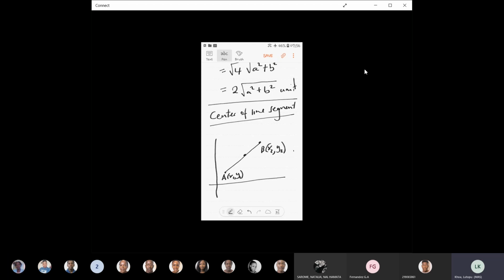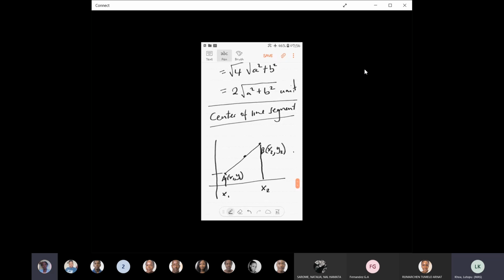The x coordinate over here is x1, the x coordinate over there is x2, the y coordinate here is y1, and the y coordinate over there is y2.